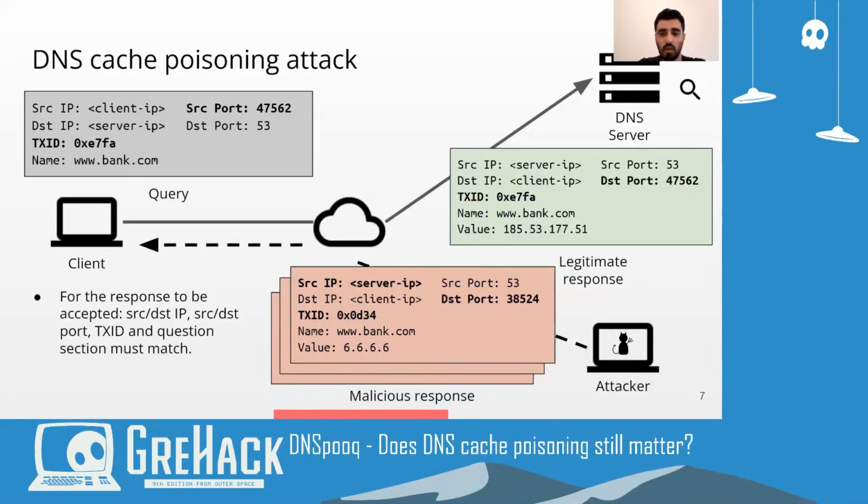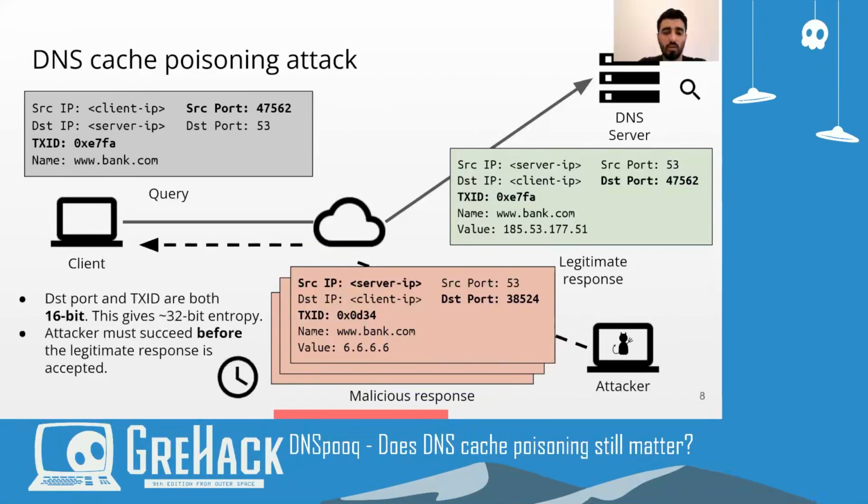Also, the attacker needs to impersonate the DNS server, to make its rogue response look like it comes from the authentic DNS server.